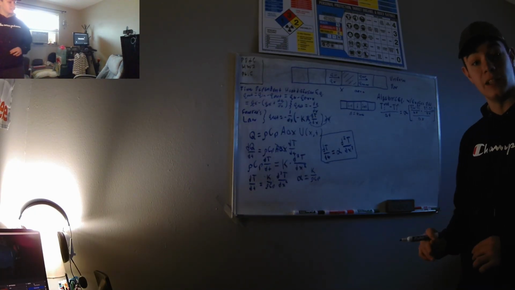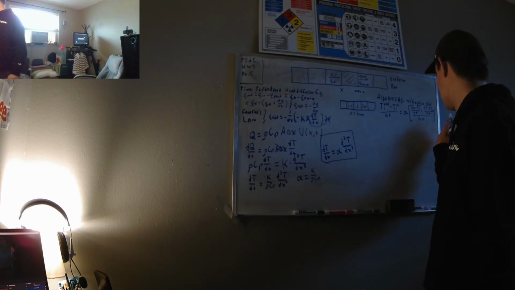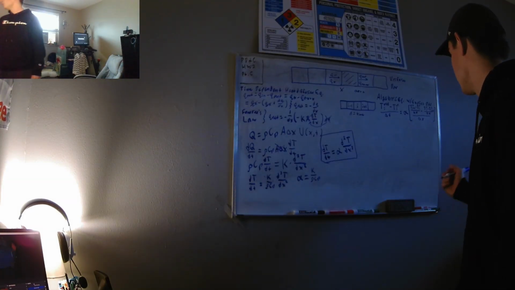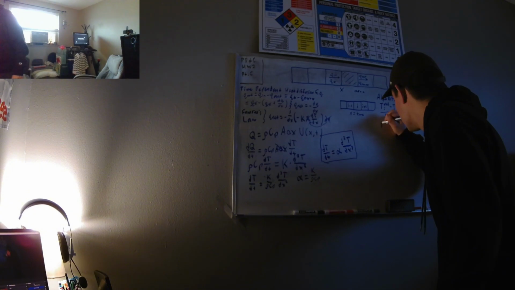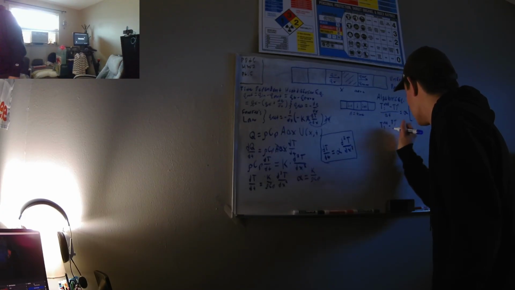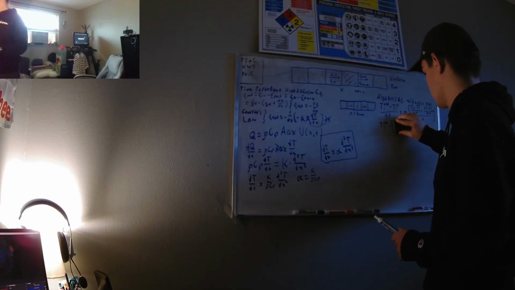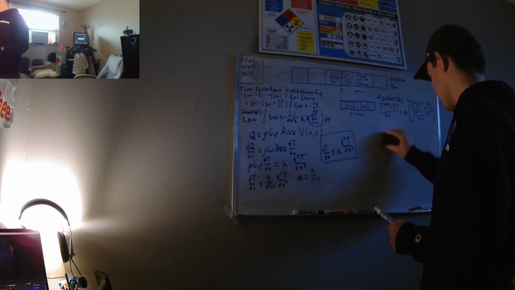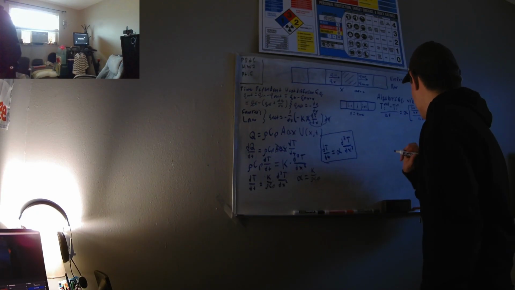So rearranging this into one big expression, we can get T n+1 at i minus T n at i. I'm not going to write out the left-hand side for now.